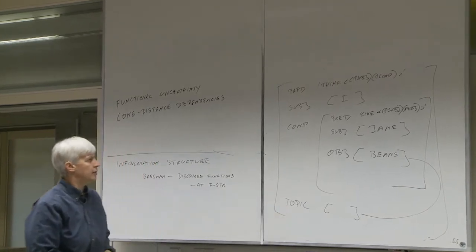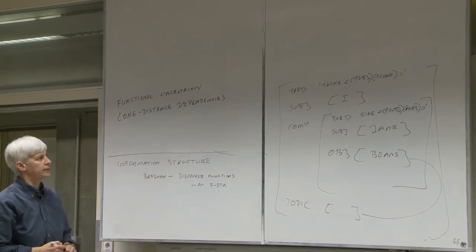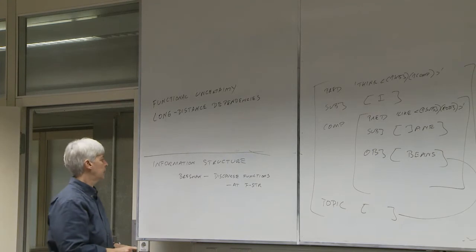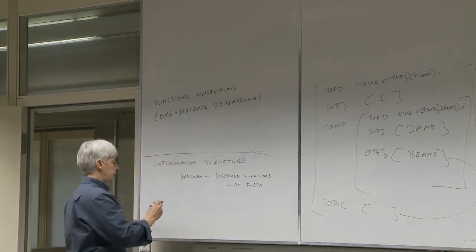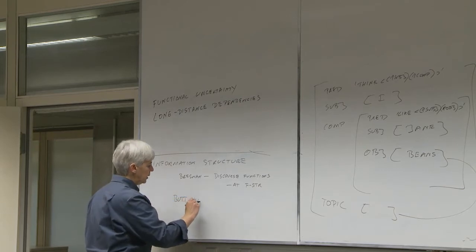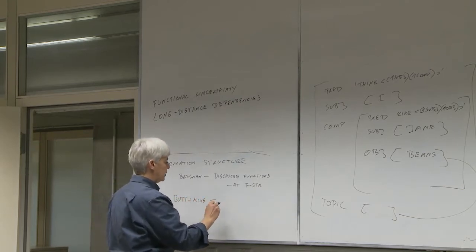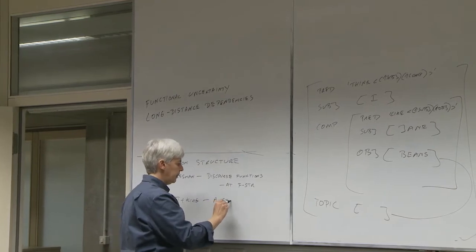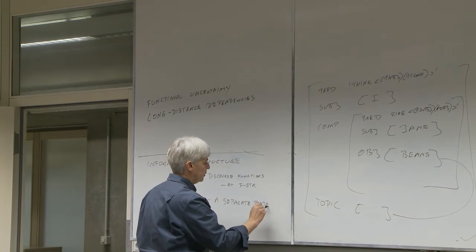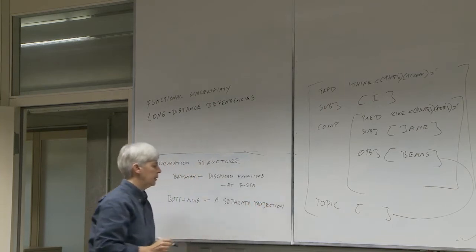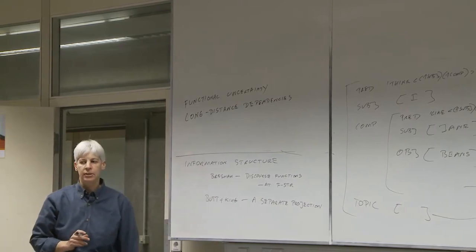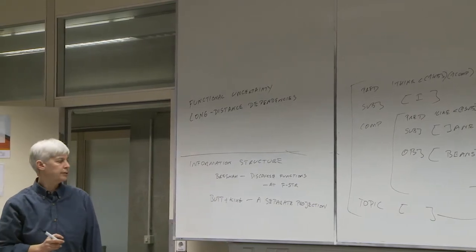And this is the Bresnan approach, in a sense. So if you look at her 2001 book, that's what she has in there. There's sort of what I'll call the Butt and King approach, which is a separate projection. So Tracy King, in her dissertation, looked at topic and focus in Russian.